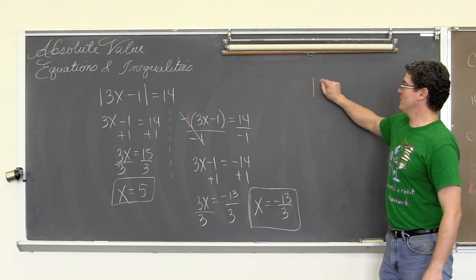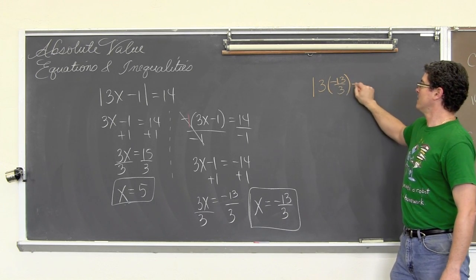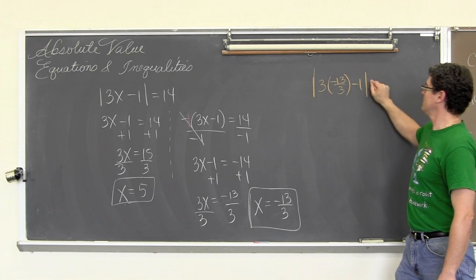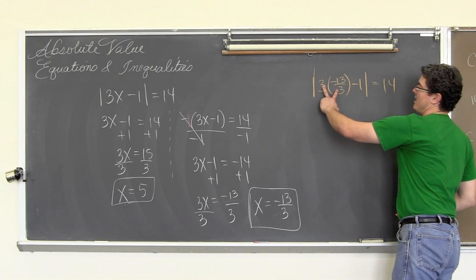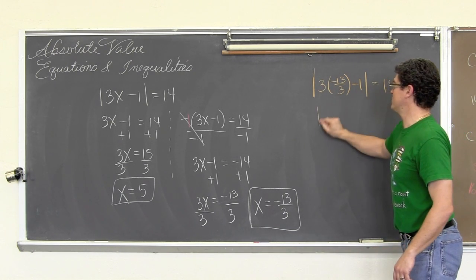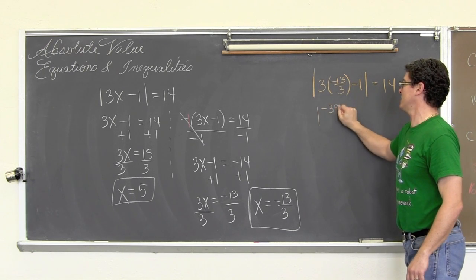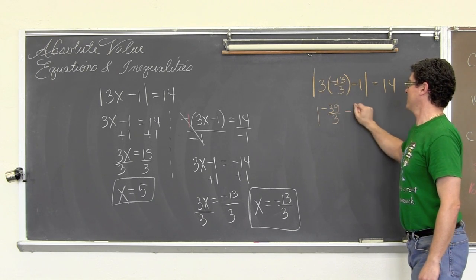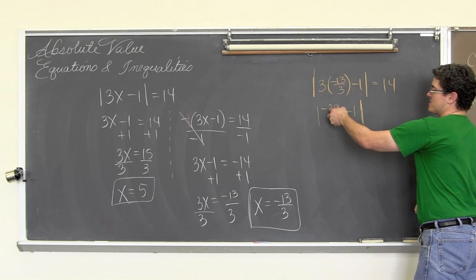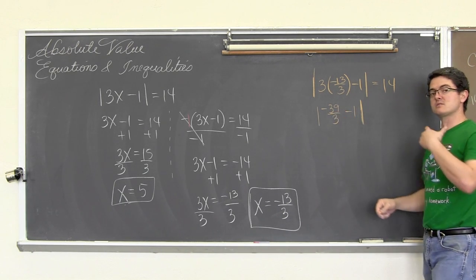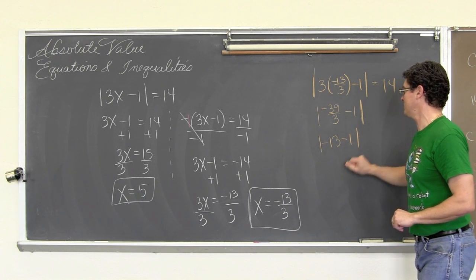The absolute value of 3 times negative 13 over 3 minus 1 equals 14. These 3's cancel out, or you do 3 times negative 13 is negative 39 divided by 3, minus 1. 39 divided by 3 is 13, so this is the absolute value of negative 13 minus 1.